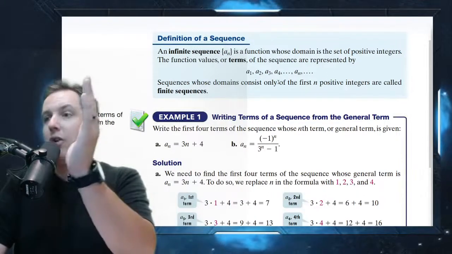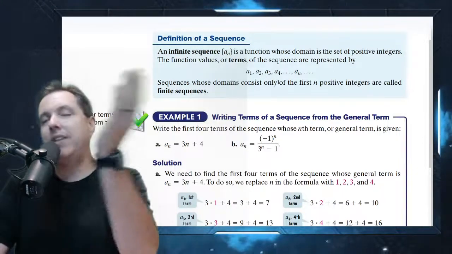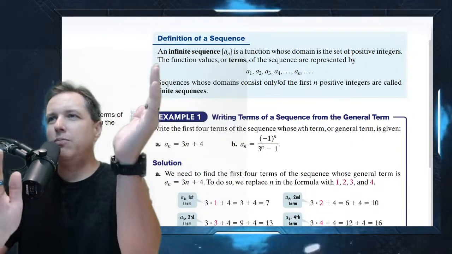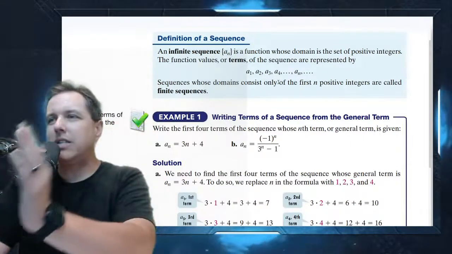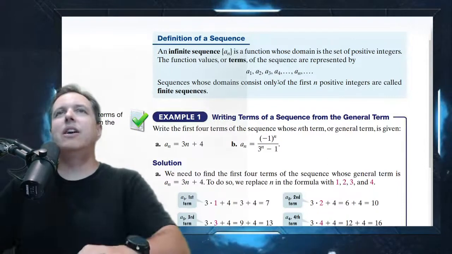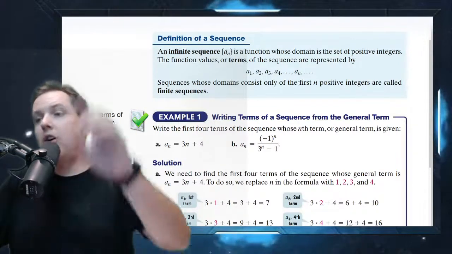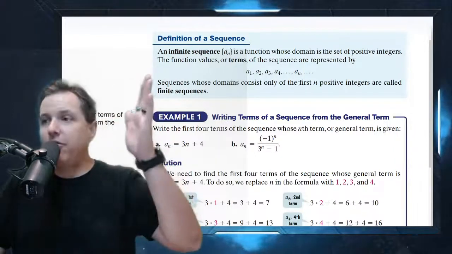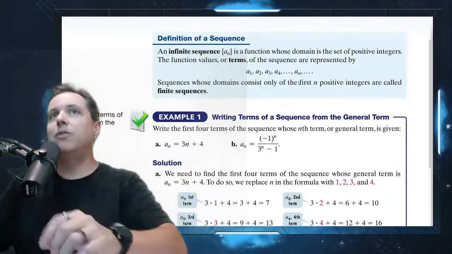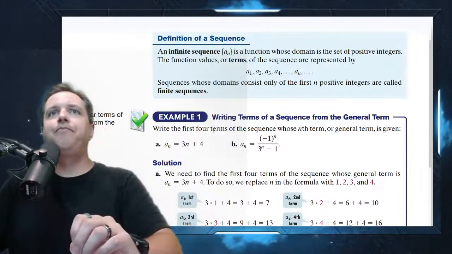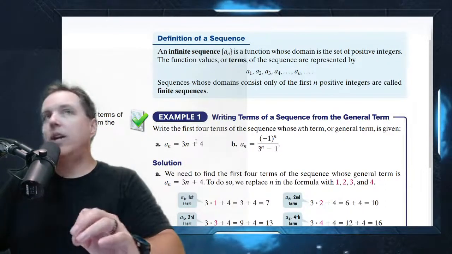Like when I'm writing code, a bunch of my time is spent figuring out, okay, this loop started counting with 0, so am I ending in the right place? You got to make sure everything lines up right. So our book does it the way I like, where the first term has a subscript of 1. It makes the math line up a lot better, in my opinion. But there's more than one way to do it.